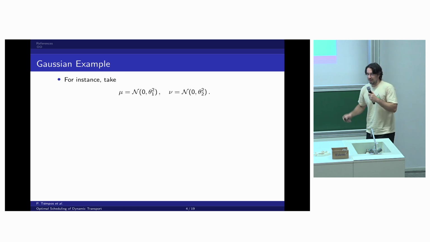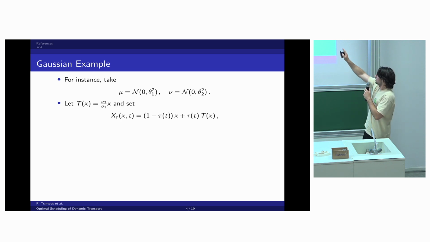For example, let's take mu and nu to be standard Gaussians in one dimension, zero mean, and some variance. In this example, I didn't write this down, but let's assume that theta 2 is much larger than theta 1. Let's take T to be a linear map. This will, in fact, push mu forward to nu. This is the Monge map, for those of you who know. This is the optimal transport map.